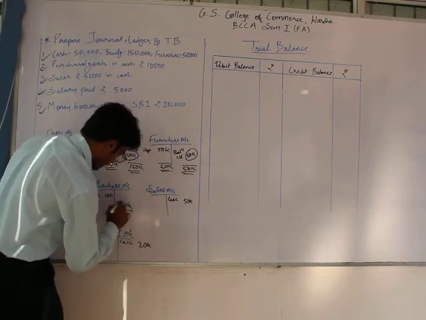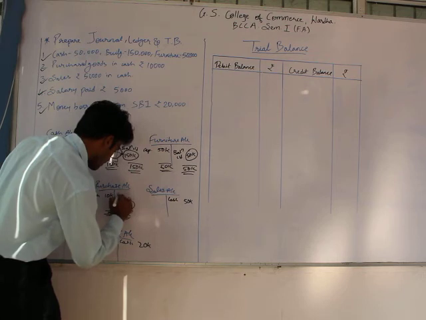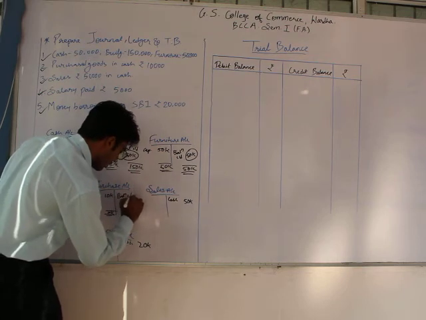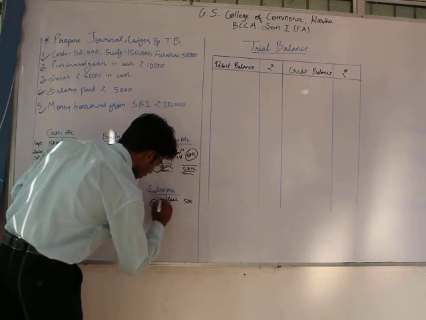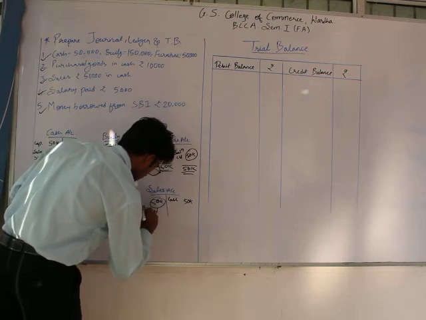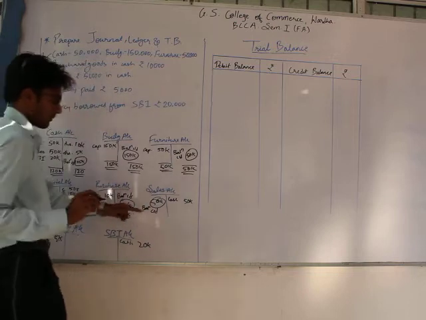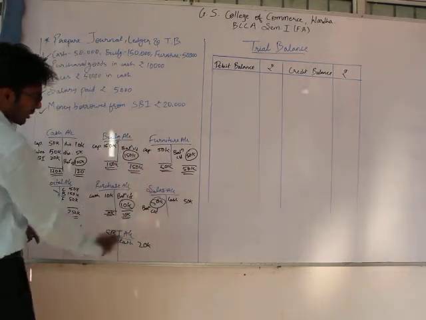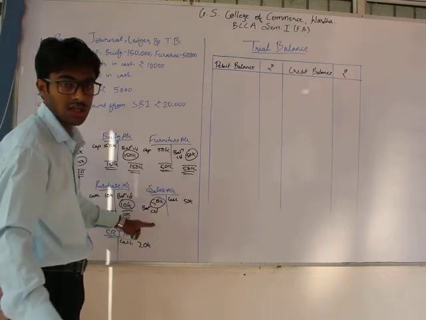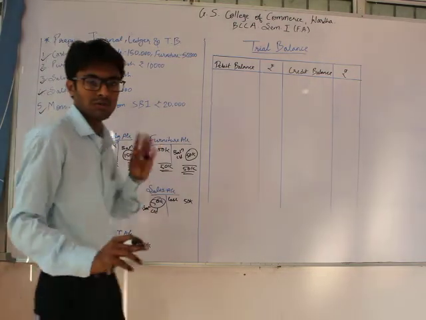10k, and this will be my balance c/d. Same with this 50k. This will be my balance c/d. See, to save the space and the time, I am writing all these things in a rough manner. You should not be doing like this.